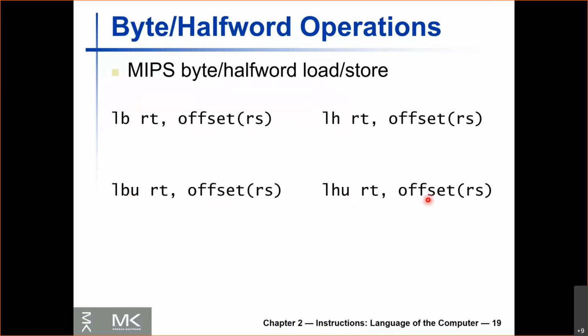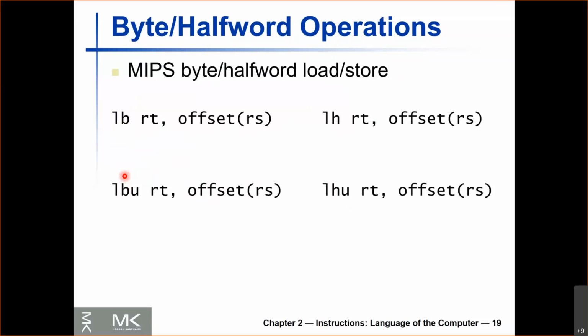But the reason that we have 2 versions, load byte and load half word, and load byte unsigned and load half word unsigned, is because when we load a byte, we're taking an 8-bit value and storing it in a 32-bit register. And when we do that, we need to fill the remaining bits. We have 8 bits that we loaded, but we have 24 bits that we need to fill. And the question is, what do we fill those bits with?